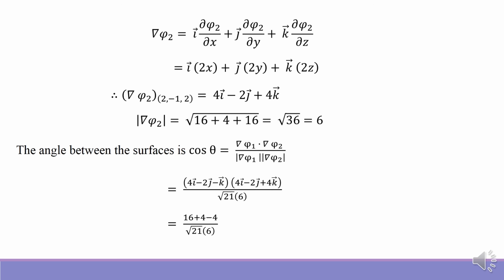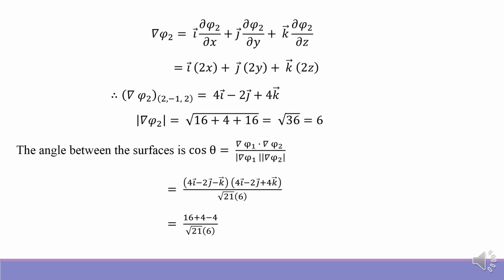Then the final answer. The angle between the two surfaces φ1 and φ2 is theta equal to cos inverse of ∇φ1 dot ∇φ2 by modulus of ∇φ1 into modulus of ∇φ2. Here cos theta equal to ∇φ1 value dot ∇φ2, that is (4i minus 2j minus k) dot (4i minus 2j plus 4k) by modulus of ∇φ1 into modulus of ∇φ2.